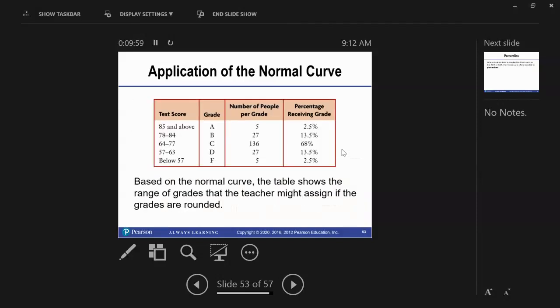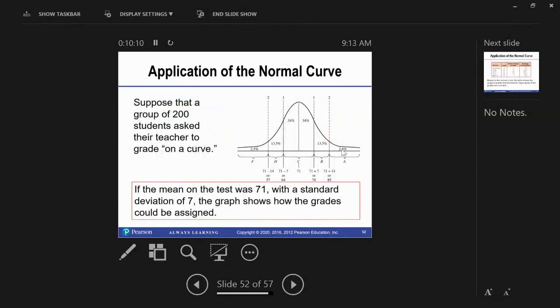So I actually, in high school, had a physics teacher that literally graded every test on a bell curve, on a normal curve. You're supposed to be good at science if you're good at math. I'm not good at science, I'm good at math.